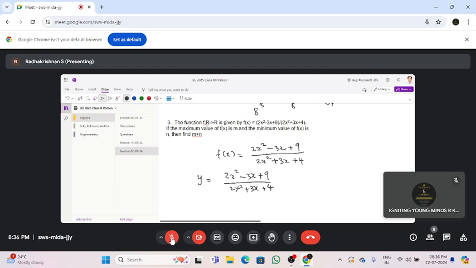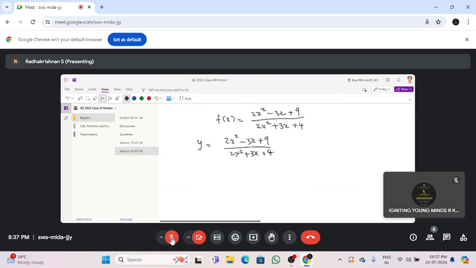We did a similar problem. What is the domain of this function? In these functions we did a problem similar to this. Whether it is one to one or onto, how do we determine that? If this is the function, how do you determine whether it is one to one or onto? Same approach we can use here.